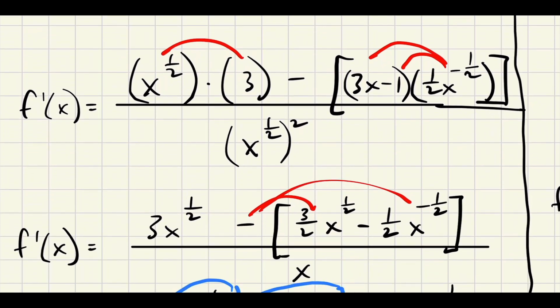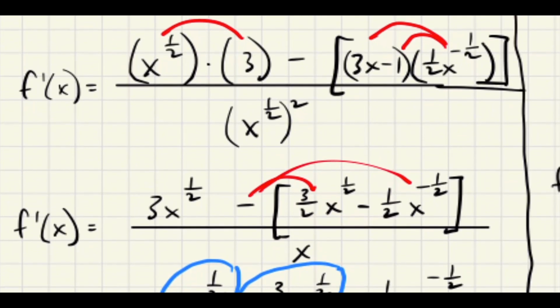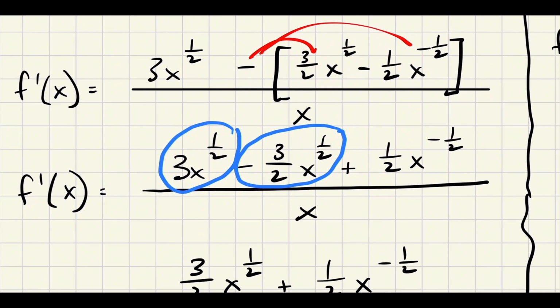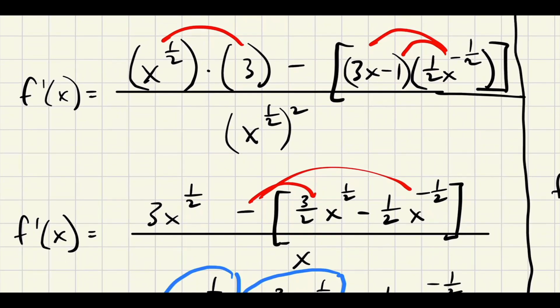Okay. Calculus is done, but I got to clean it up. So I distributed the negative to both things. So I distributed here, I distributed there. I distributed on the right and then distributed the negative.